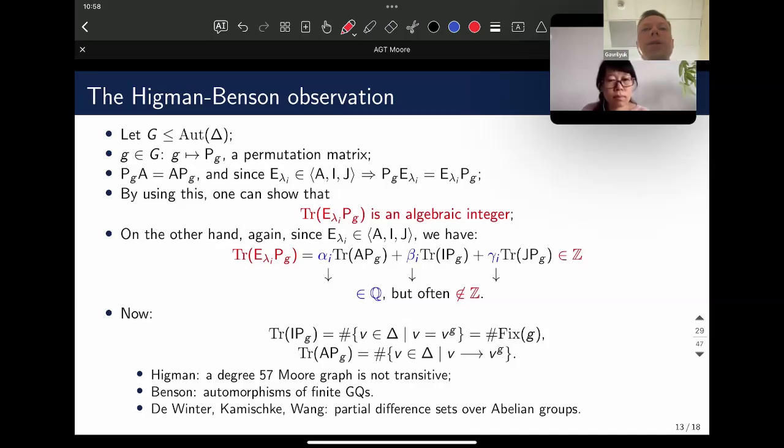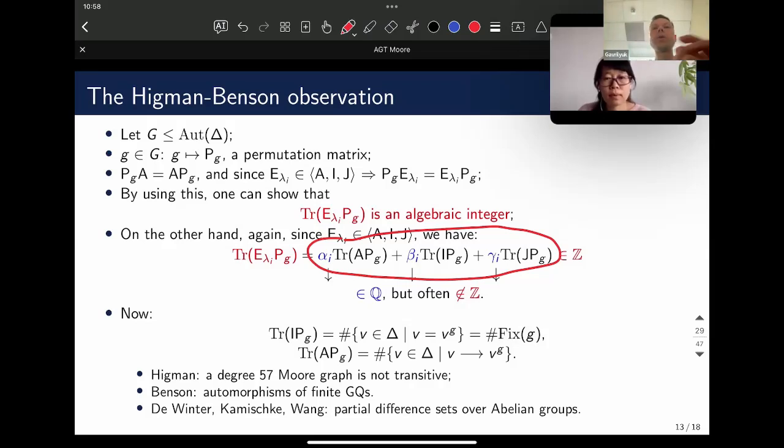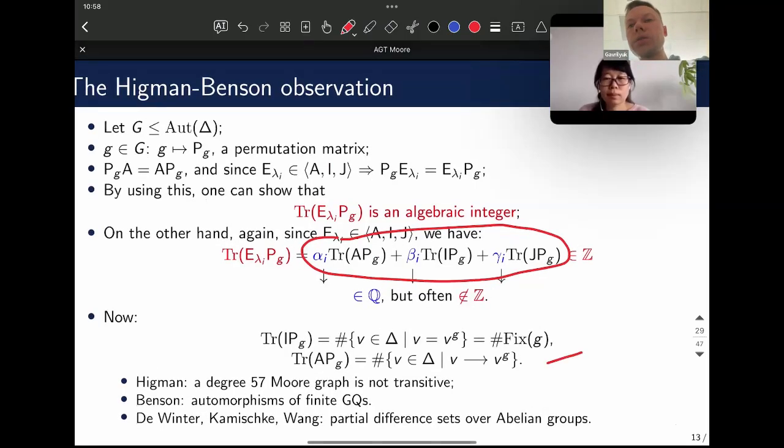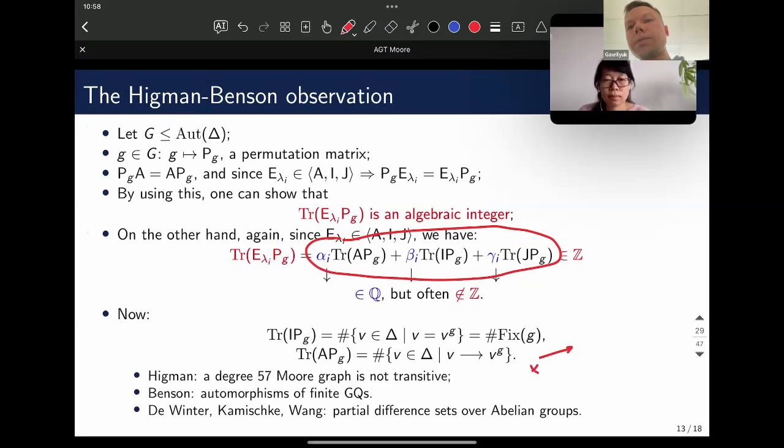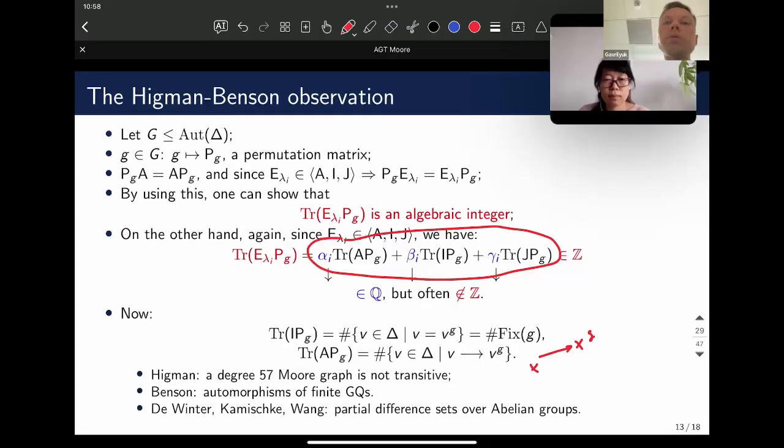So once again, the observation is that the right-hand side of this formula must be an integer, and this gives some constraints on the number of fixed points and on the number of arcs or edges like this in the graph. And this allows us to rule out some automorphisms. And more recently, a similar observation was used by De Winter, Kamischke, and Wang. They studied partial difference sets over abelian groups.